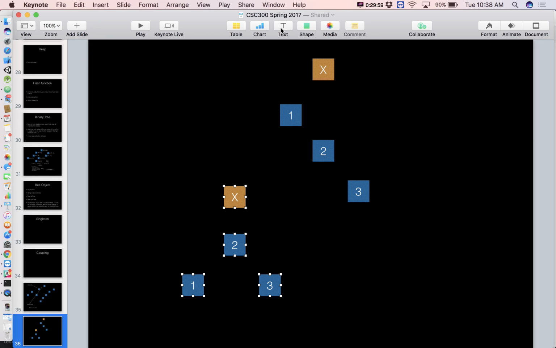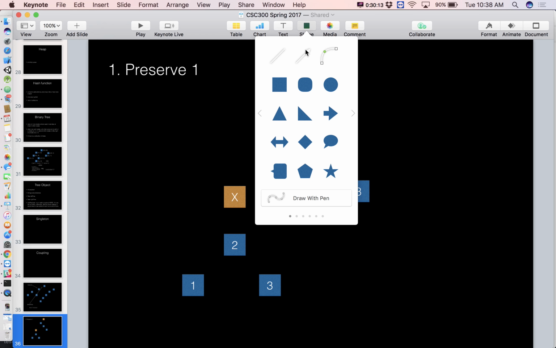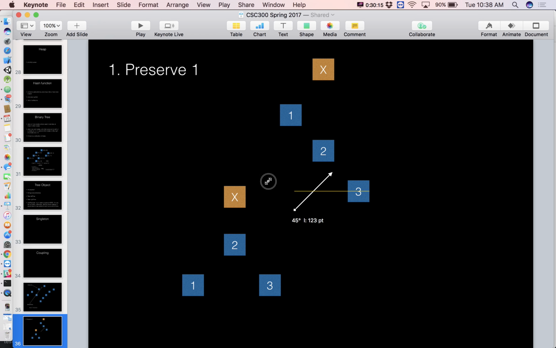Okay, so we'll say, step one, preserve 1. So we'll have some variable that's going to end up pointing to that guy, right? All right, so we have this guy pointing there.